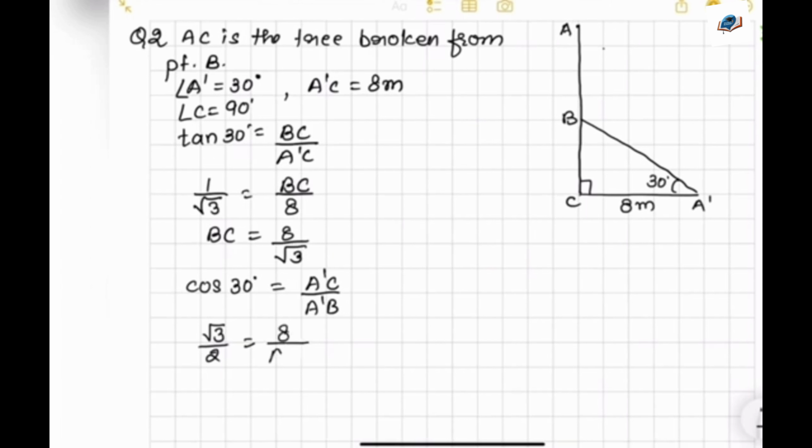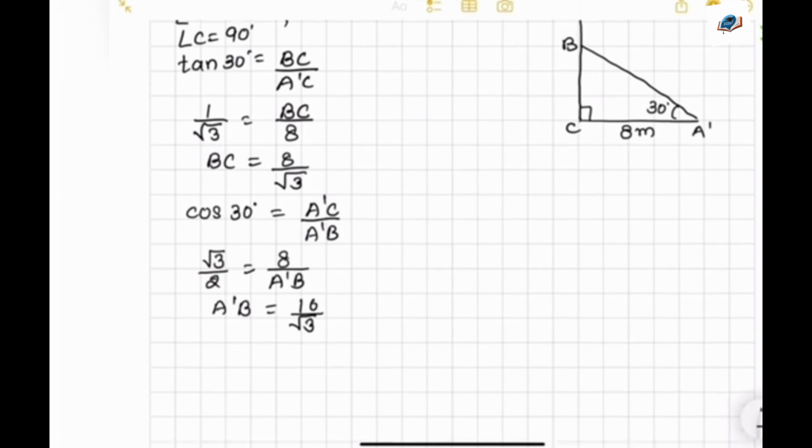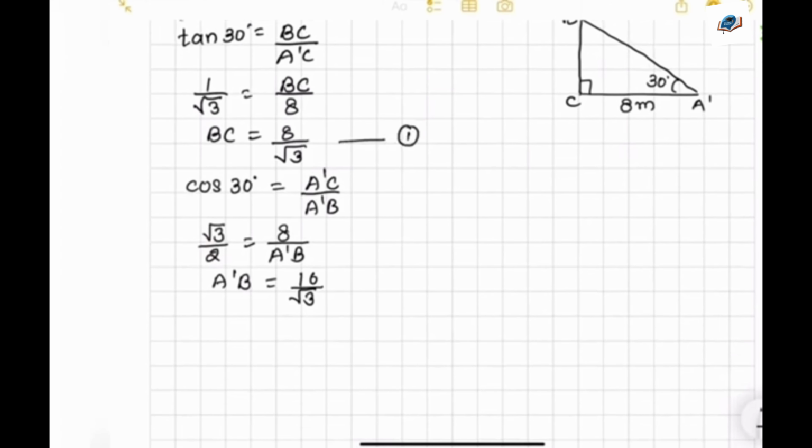So now I want the tree's height. So I have to add 1 and 2, because AC equal to AB plus BC. But AB is nothing but my tree which is fallen down, so I can say A dash B plus BC.